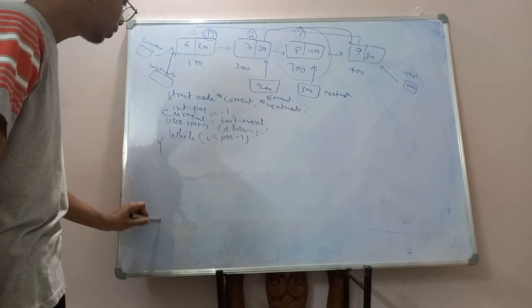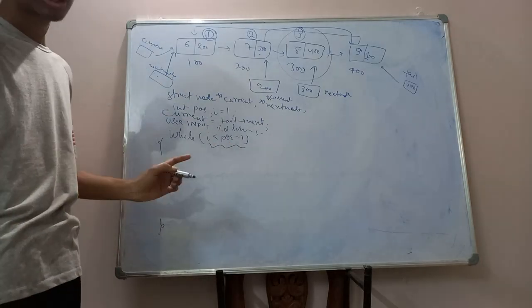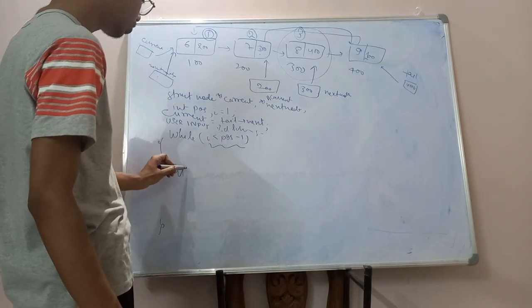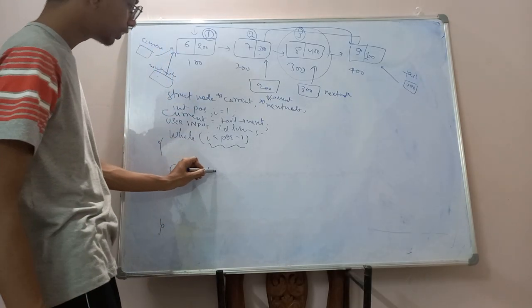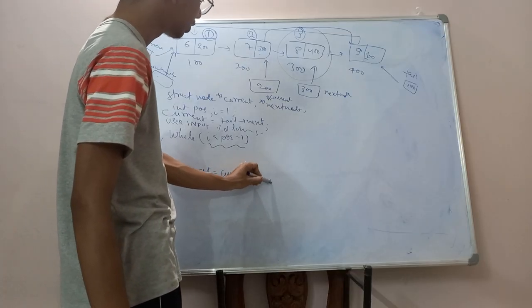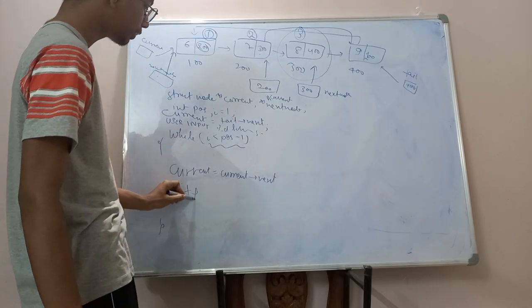Now I wrote this in perspective of current, right? So what will I write then? I will make my current reach here. So I will write current is equal to current next. So it is pointing here, so it will update accordingly, and i plus plus.